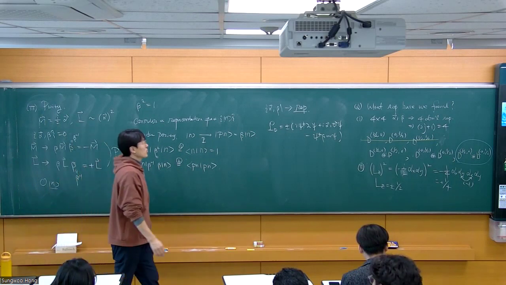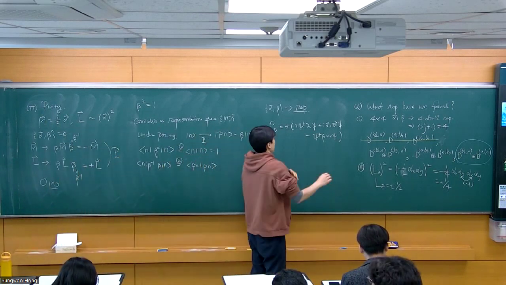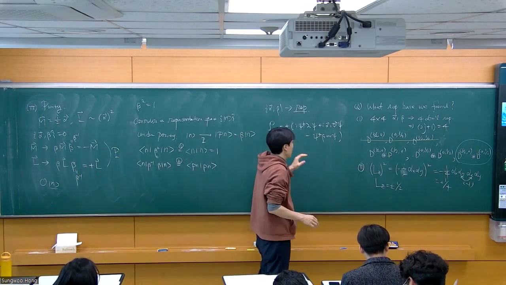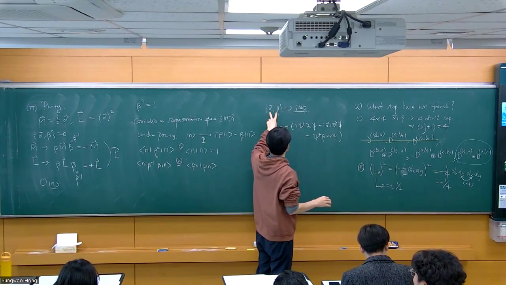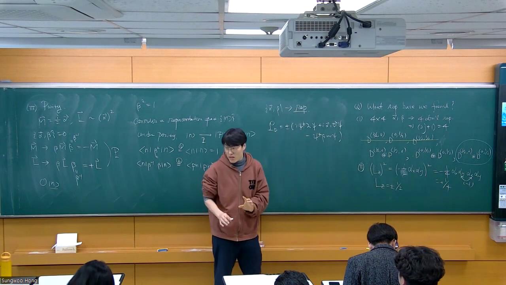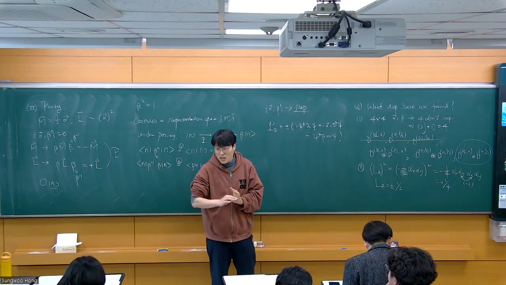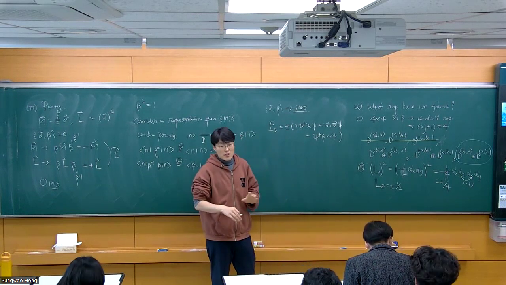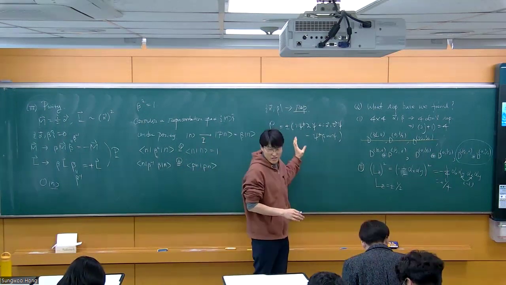So one comment that I'm trying to say here is that I'm not saying that a theory where you start out with this input will always be parity invariant. I'm not saying that. You can certainly cook up a theory that is maximally parity violating.